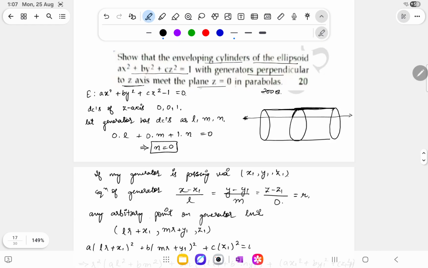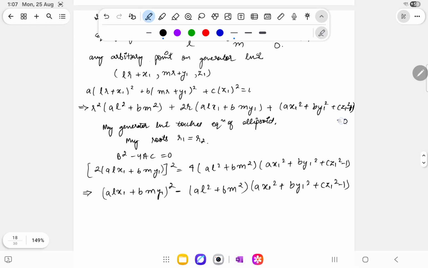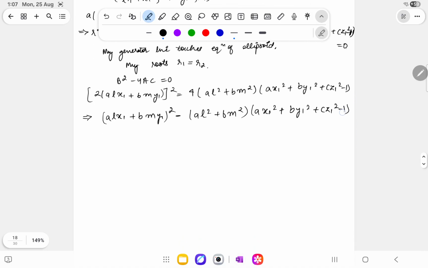It further says that it is cut by the plane z equals 0.